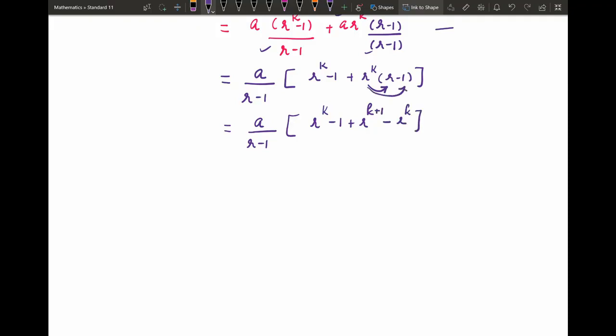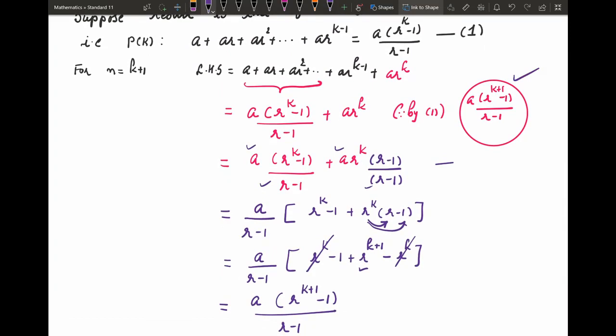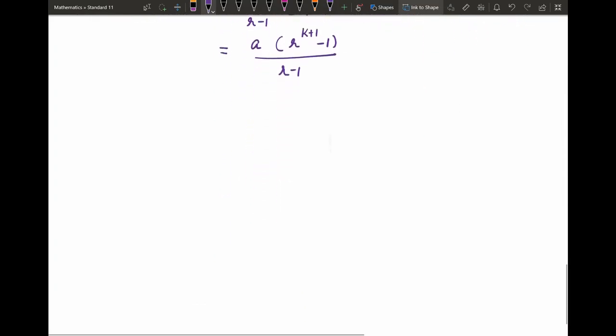So we can cancel plus minus. So now the simplification is a into r raised to k plus 1 minus 1 upon r minus 1. So this is nothing but the right hand side with n equal to k plus 1.